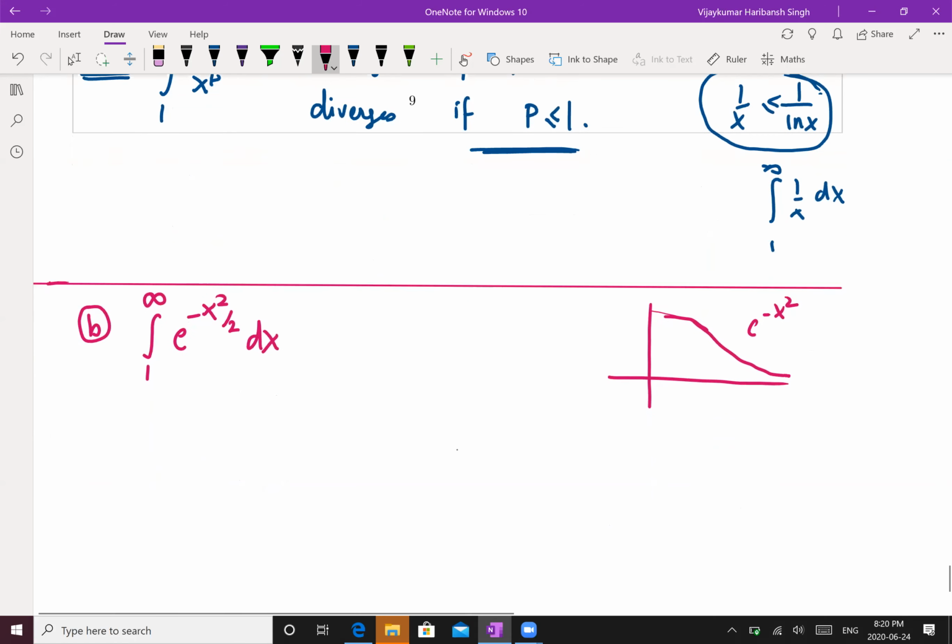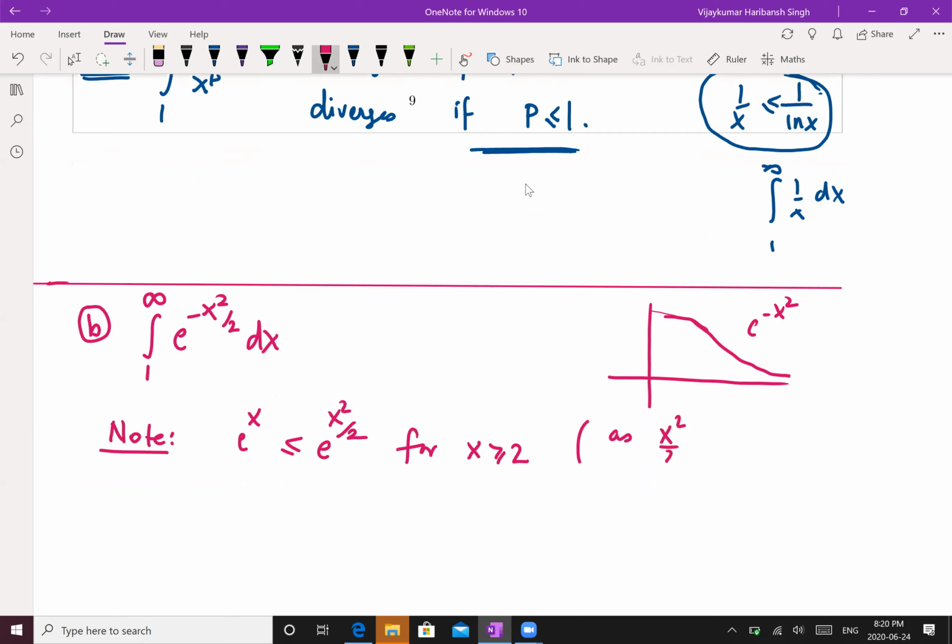So note e to the x is less than or equal to e to the power x squared by 2 for x greater than or equal to 2. Why? Because x squared by 2 is greater than or equal to x for x greater than or equal to 2, and e to the x is an increasing function.